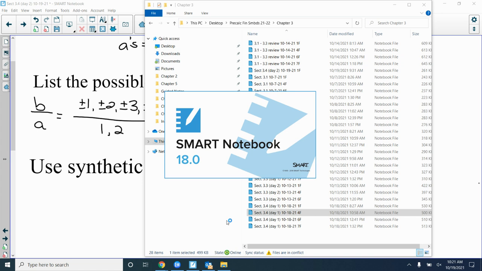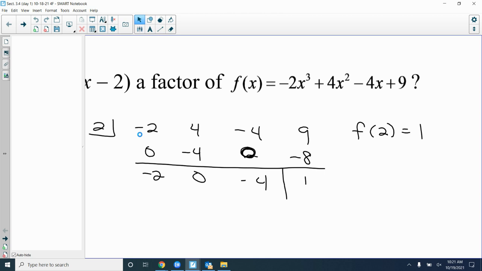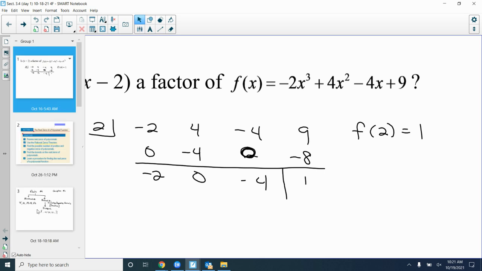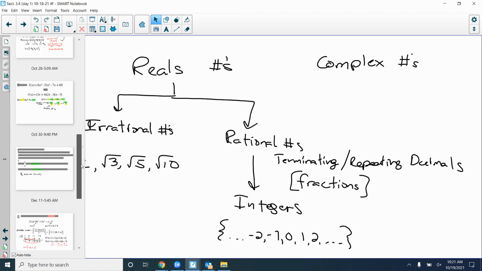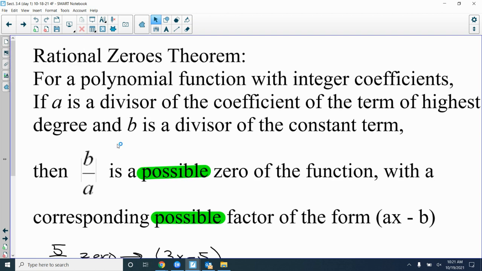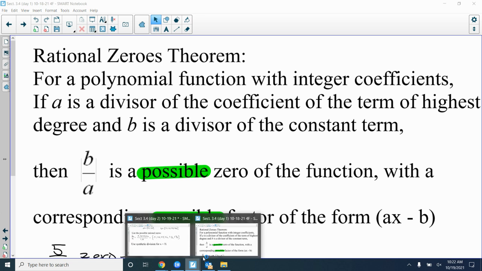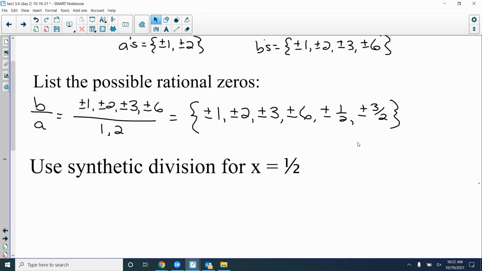So it should give you a remainder of what? 0. If it doesn't give you a remainder of 0, double check what you did there. All right, that's what I wanted. Okay. Did it give you a 0? Mm-hmm.